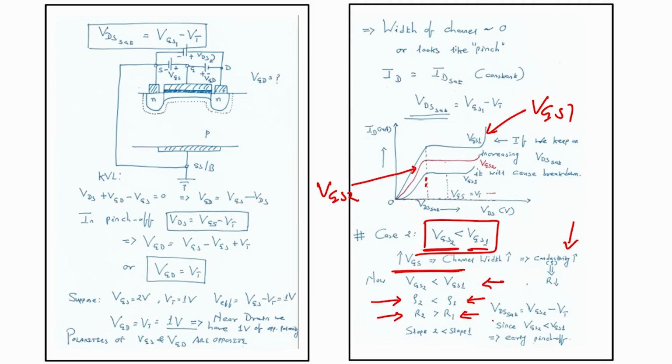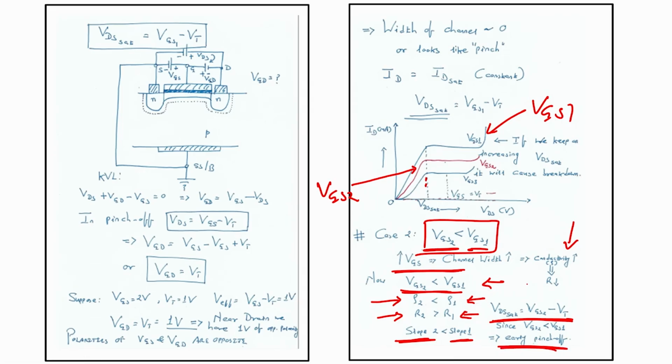So, what will I have? VDsat equals VGS minus VT, and since VGS2 is less than VGS1, slope 2 is less than slope 1 and early pinch off will occur.